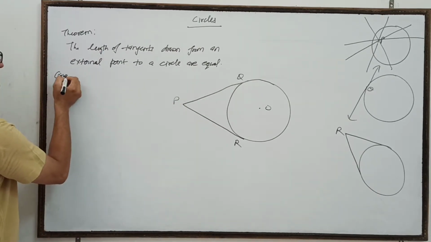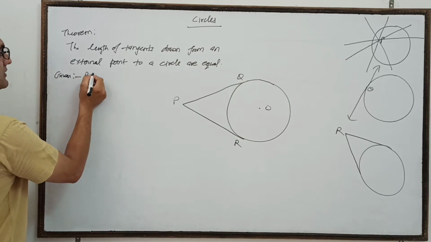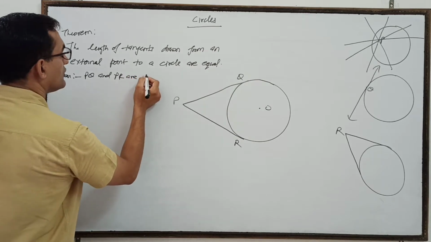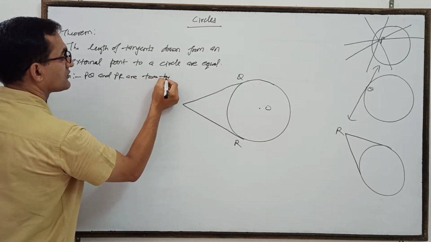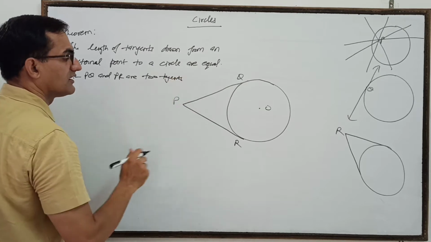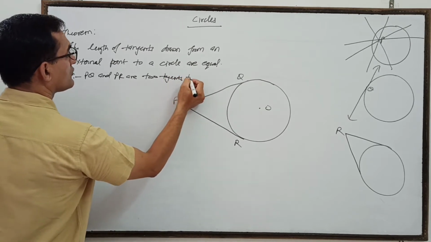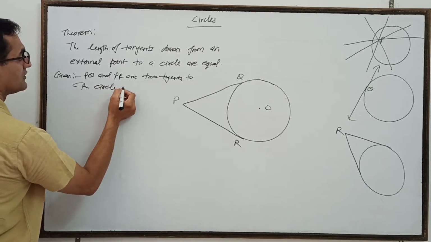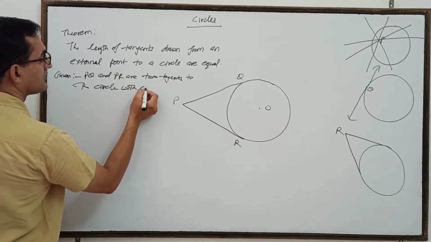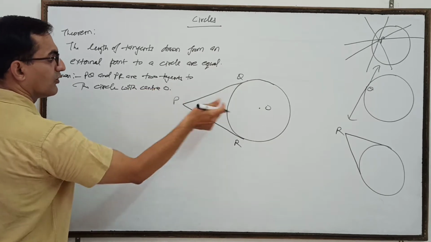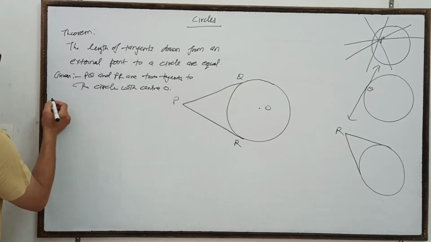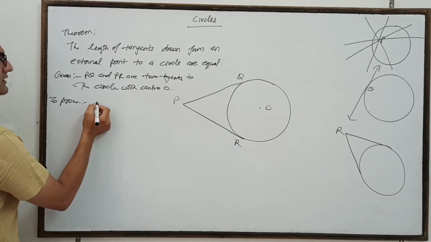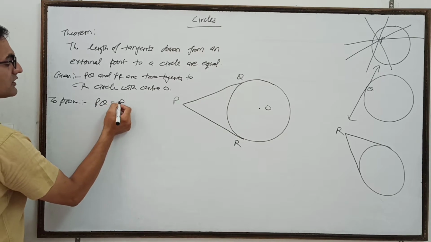Now, given: PQ and PR are two tangents to the circle with center O. O is the center. Okay. Now, to prove: we have to prove that PQ is equal to PR.